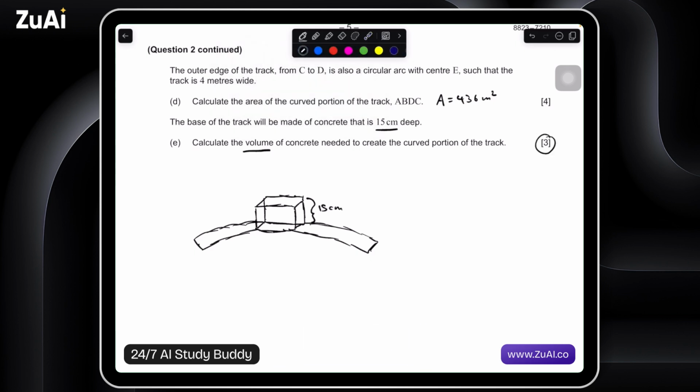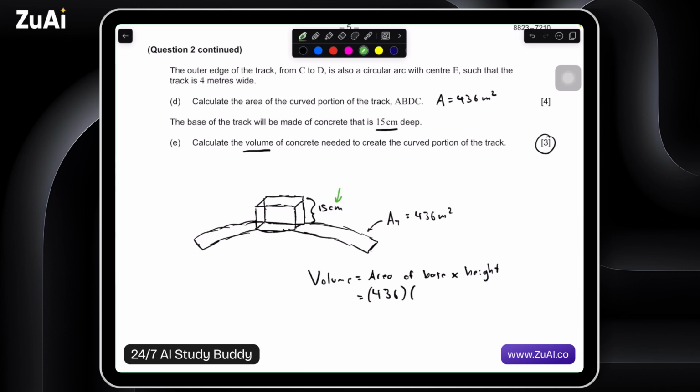Our track has an area of 436 meters squared. But, and this is not exactly a trick, but where close reading matters, the depth is given to us in centimeters. So sure, volume is simply equal to area of the base times height, but the area of the base is 436 in meters, and the height is 15 centimeters.